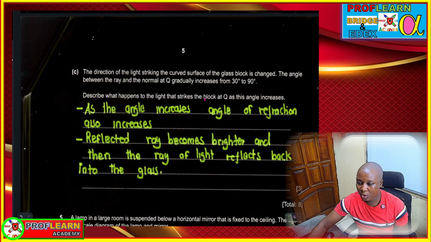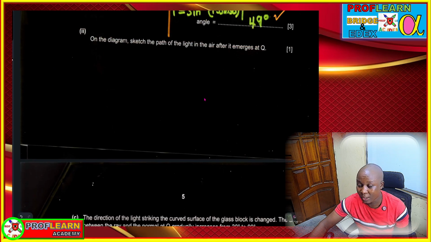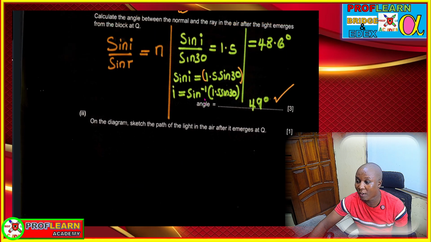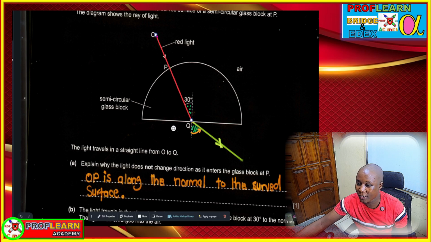Now the direction of light striking the curved surface of the glass block is changed, and the angle between the ray and the normal at Q gradually increases from 30 to 90 degrees. So basically what the question is trying to say, we are having this ray here like that. So this angle of incidence inside is increasing.